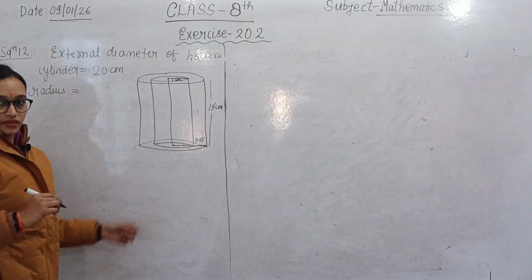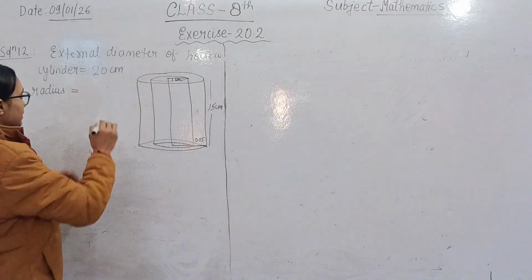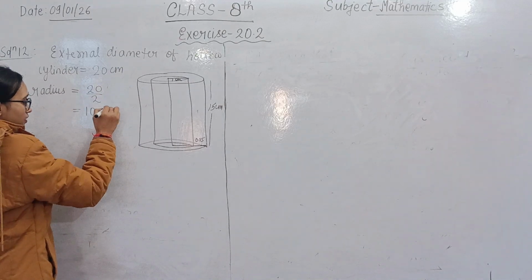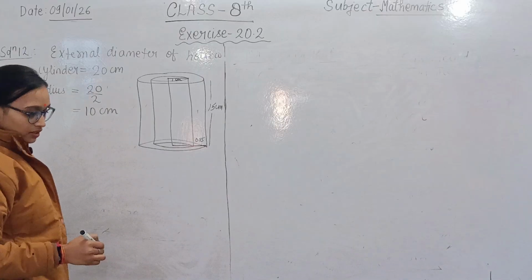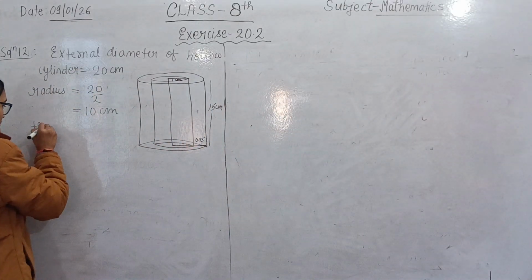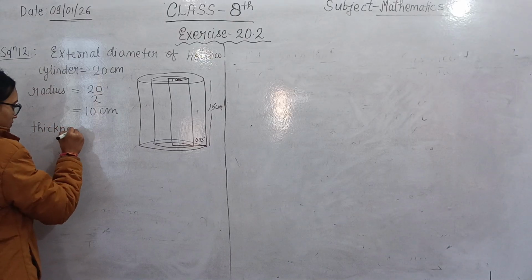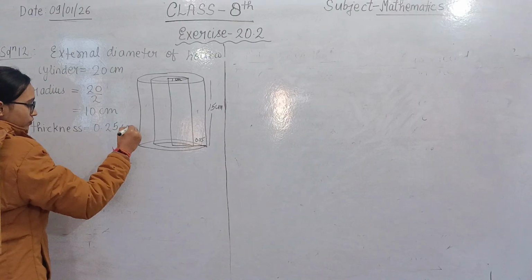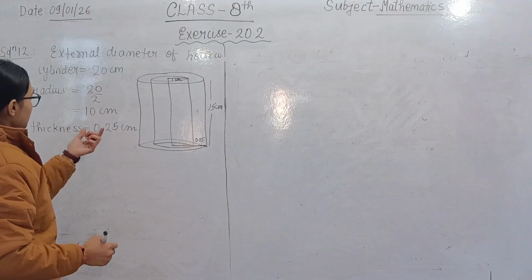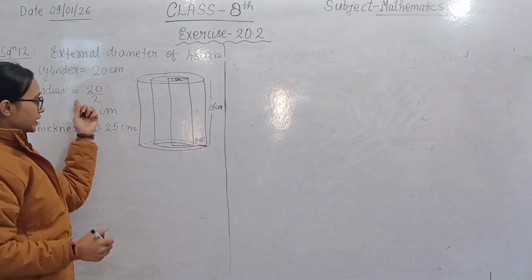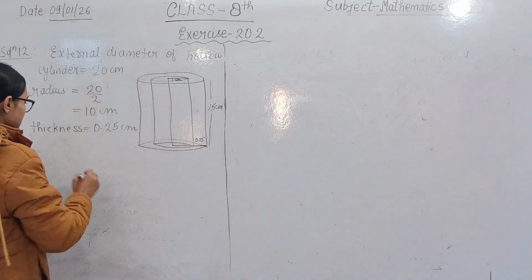When we calculate the radius of the hollow cylinder, it will be 20 upon 2, that is 10 centimeter. Now thickness is given as 0.25 centimeter.